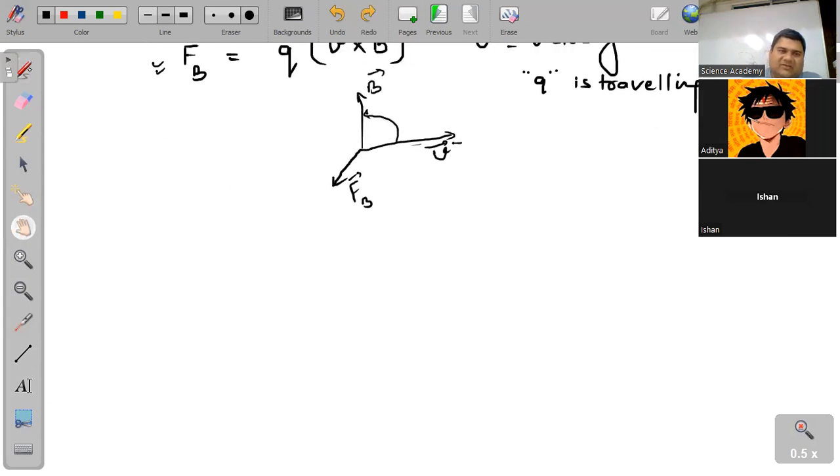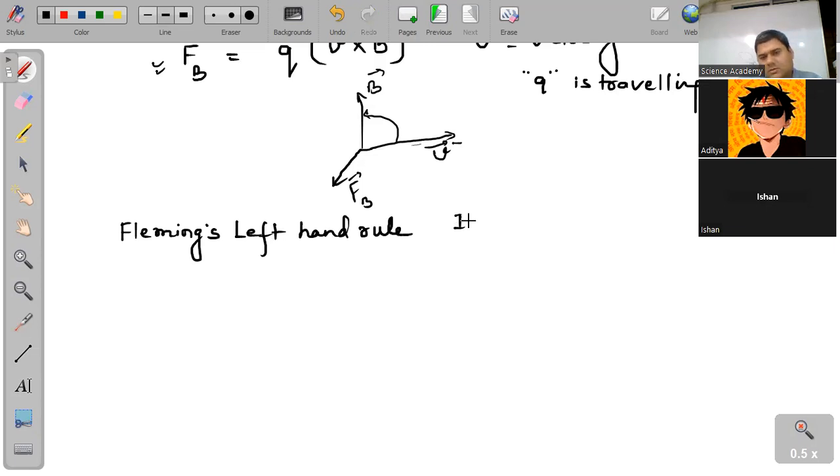So I'll just write this down. Fleming's left hand rule. Index finger: B vector.